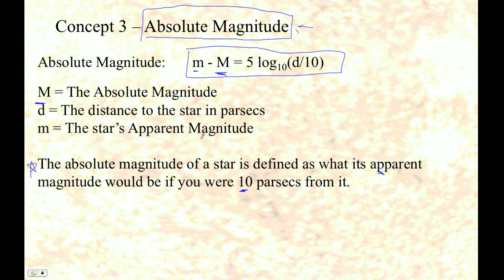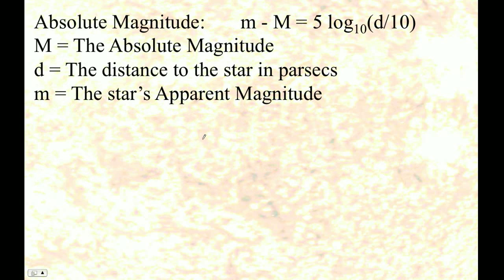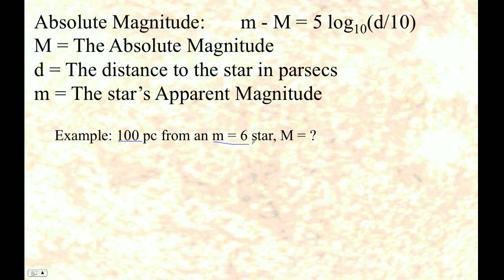Anyway, let me just do 2 examples here, then you can decide what you want to do. So here's an example. Let's suppose we're 100 parsecs from a star that has an apparent magnitude of 6. What is its absolute magnitude? Well, we can just plug the numbers in here.